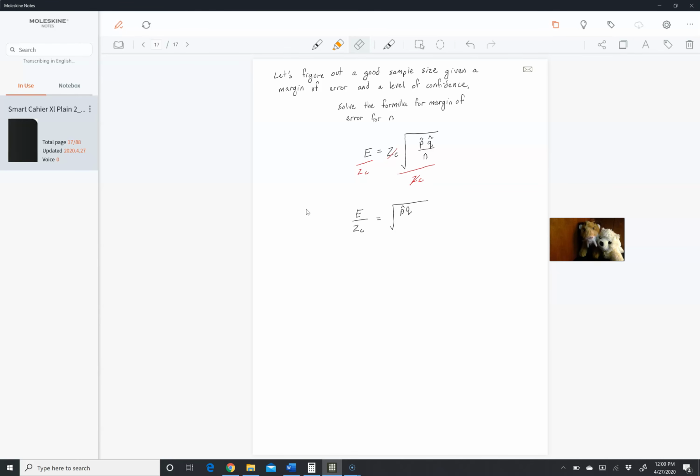Now we can square both sides. That's going to get rid of the square root.